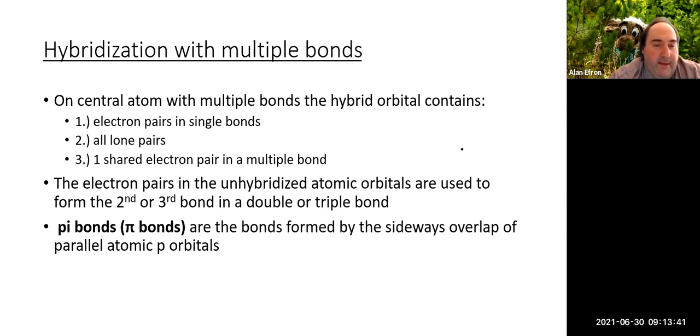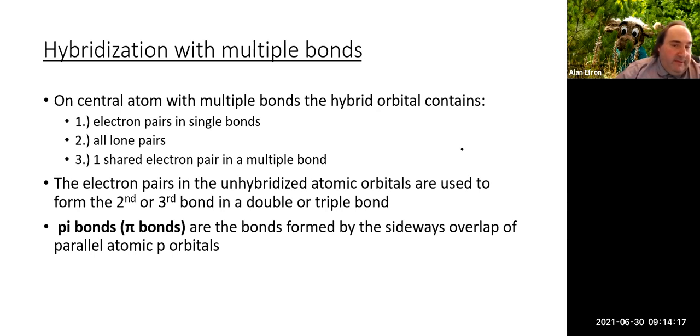One thing that occurs when we do have multiple bonds is that we end up with some electrons that are available to make single bonds on the central atom with multiple bonds. We can also have some lone pairs, and some shared electron pairs in the multiple bond. The electron pairs that make up our double bond and our triple bond actually come from those unhybridized p orbitals.